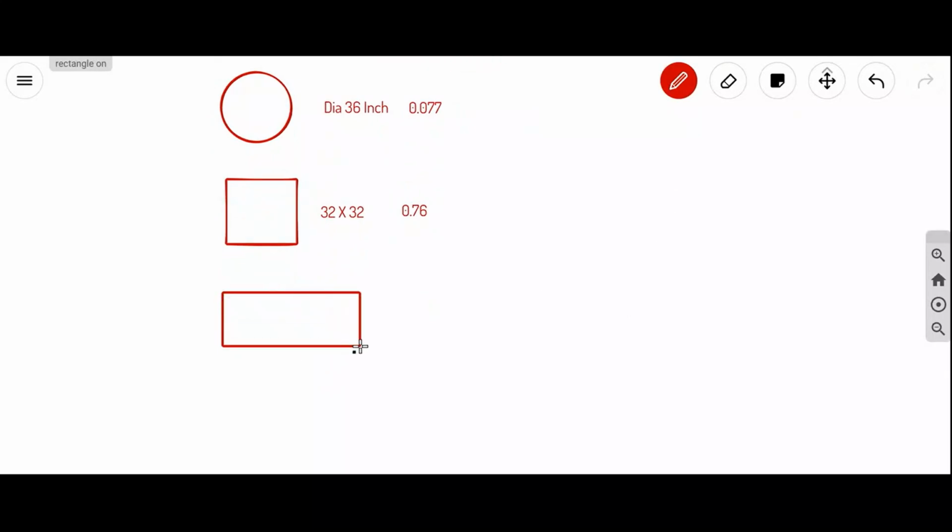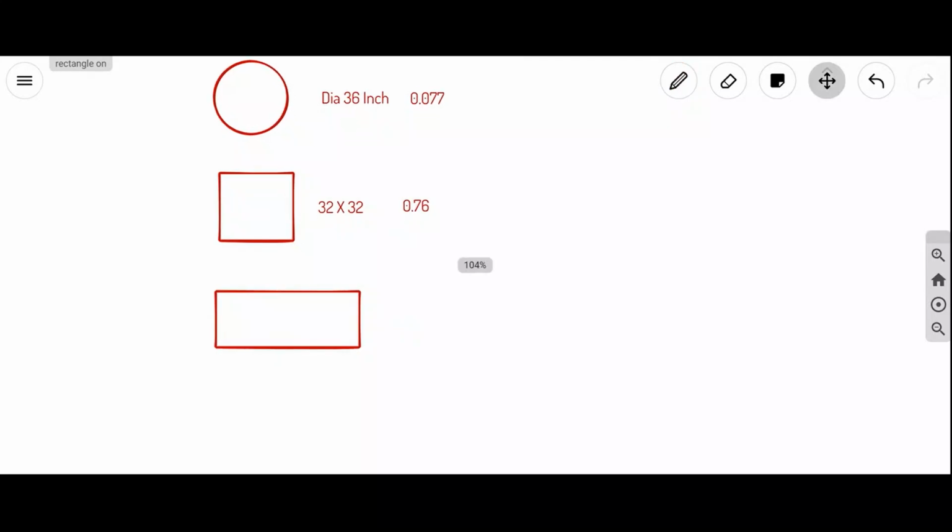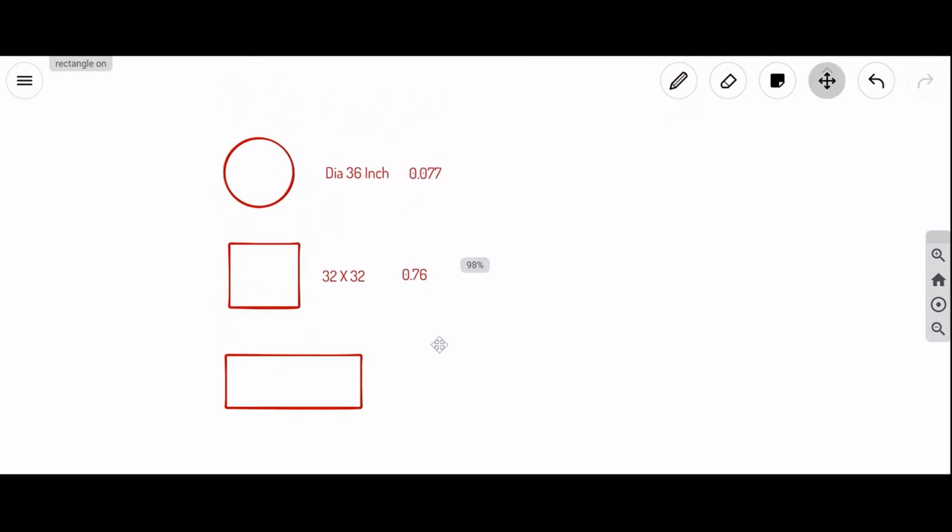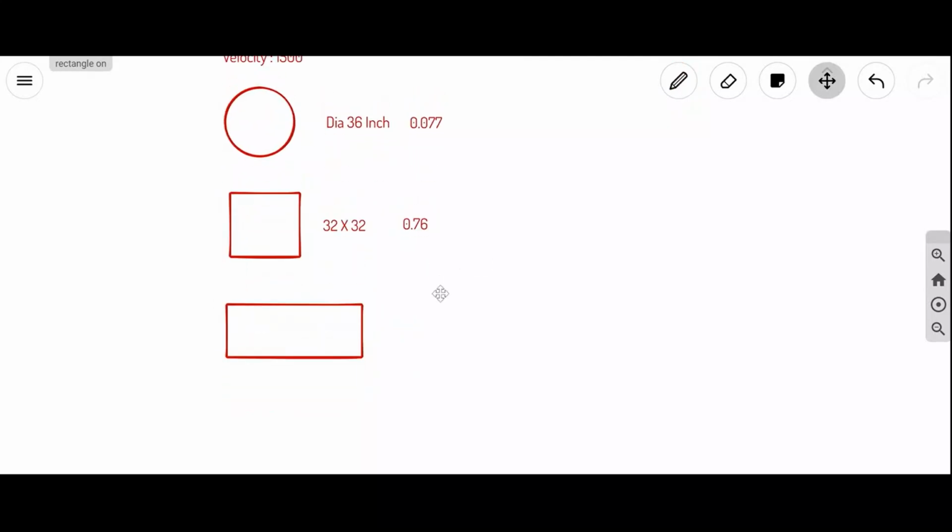Same, 0.77. Height is 18 inch, so the size is 62 by 18.